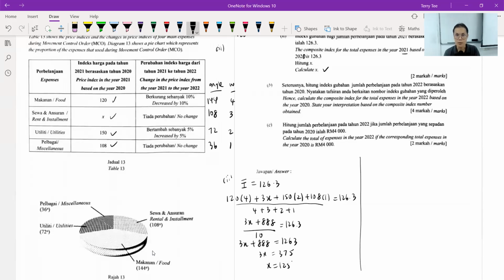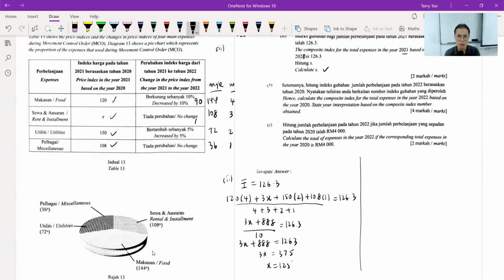Okay, now next one. Calculate the composite index for total expenses of 2022 based on year 2020, and state your interpretation. We know that there is a change in the price from 2021 to 22. When we say decrease by 10%, the index is 90.